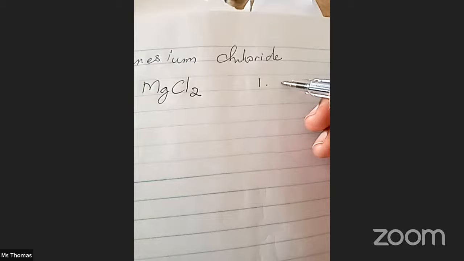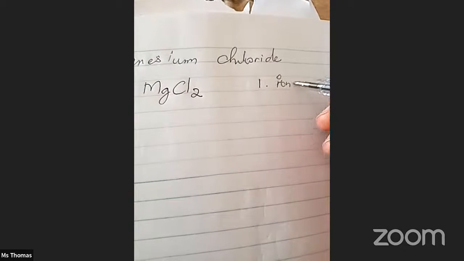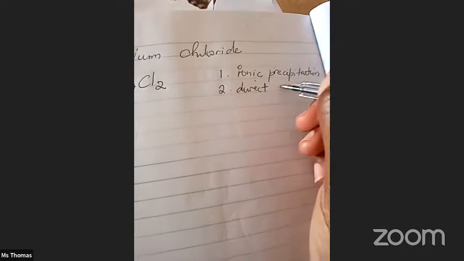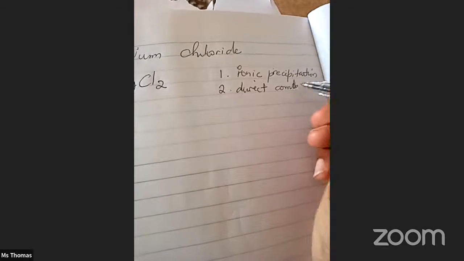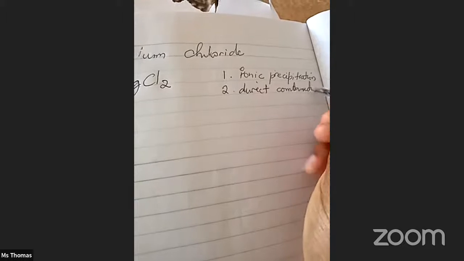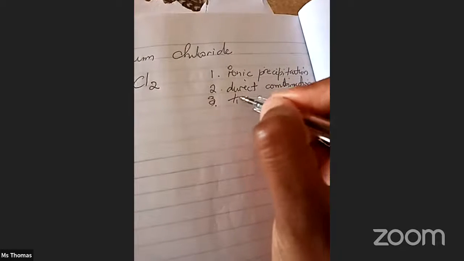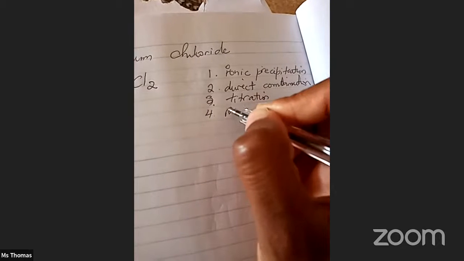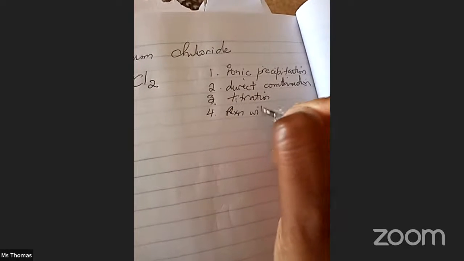So remember, we have 4 ways to prepare a soluble salt. We have ionic precipitation, we have direct combination, we have titration, and I'm just going to call it reaction with acids.